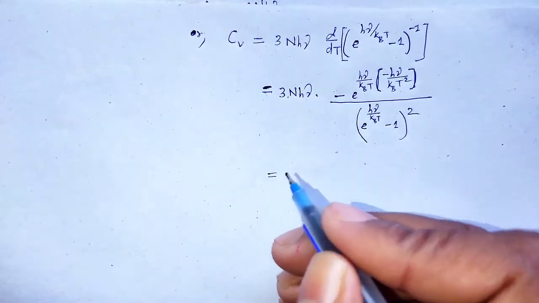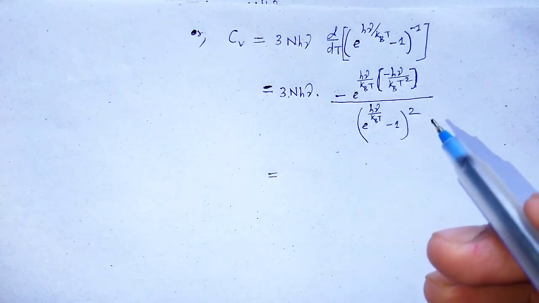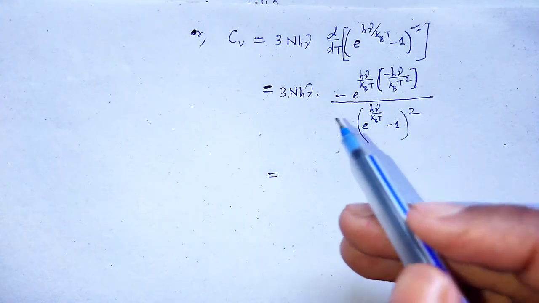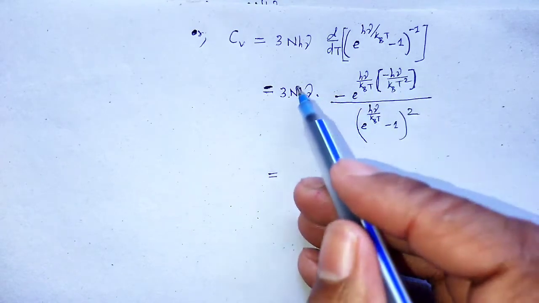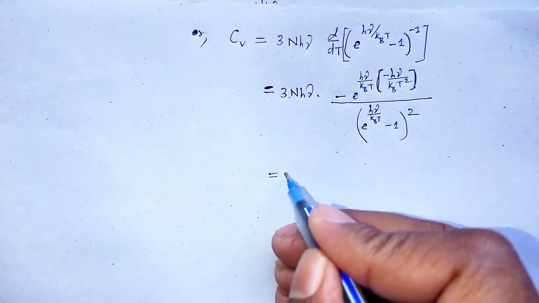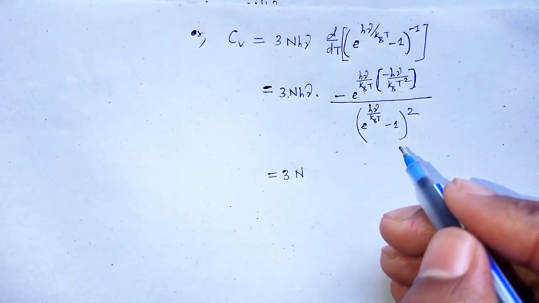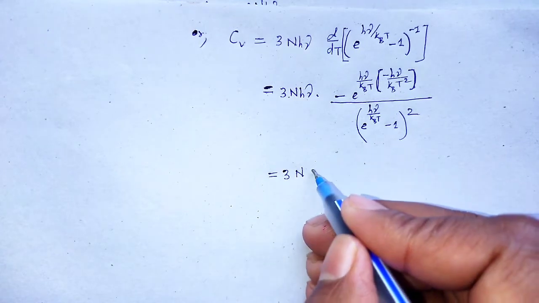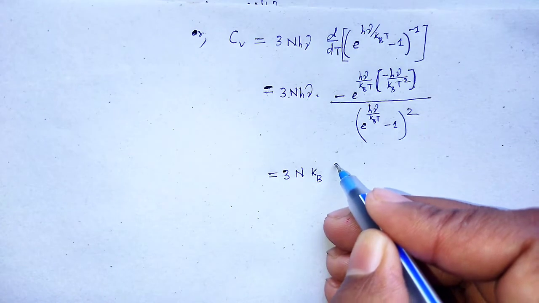Rearranging the terms, minus minus plus, 3n, we multiply by a term kB and divide by a term kB.